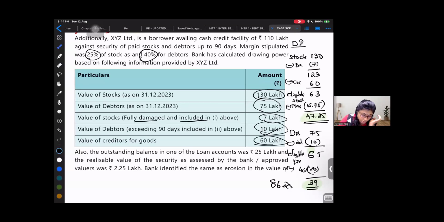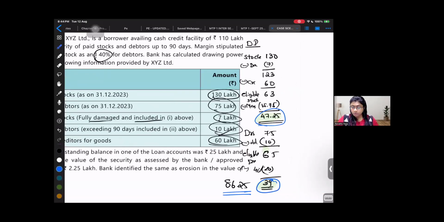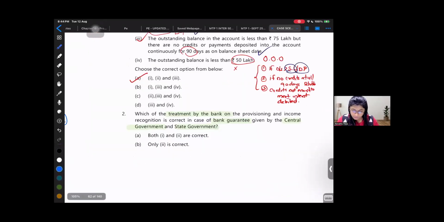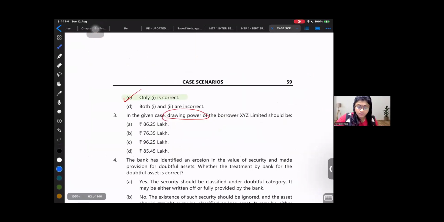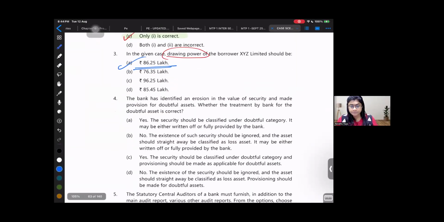You will add these two, okay? 85 or 86? 86.25, right? Okay. So is there an option called 86.25? Yes. So the answer is 86.25. I hope drawing power is clear.